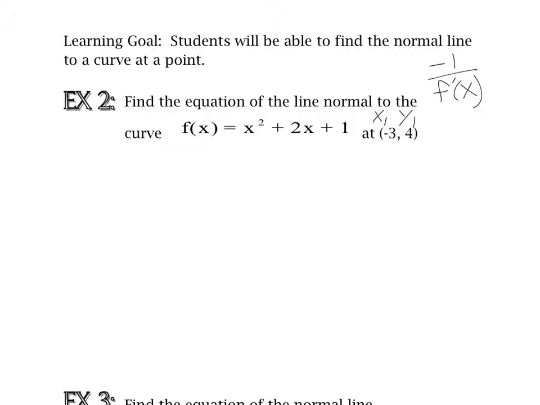So your equation to this normal line is going to be y minus y1 equals -1 over f prime of x times, oh, and that's f prime of x1, x minus x1. So give that a shot, and then unpause the video when you're ready to check your work.